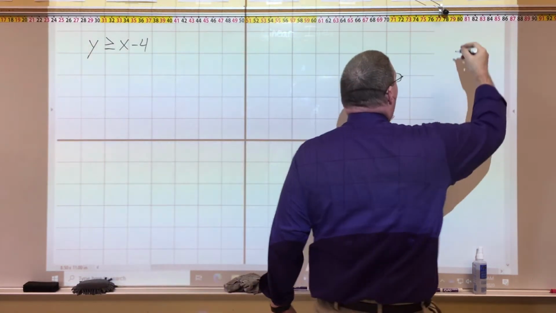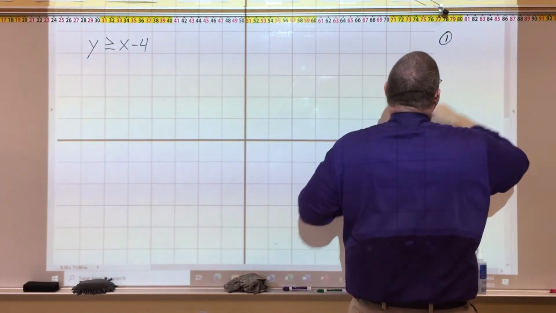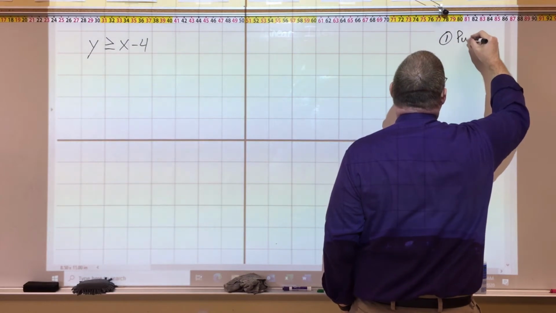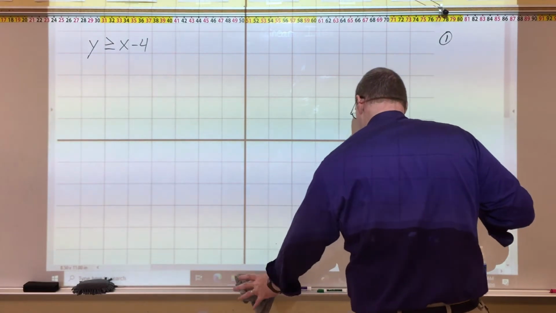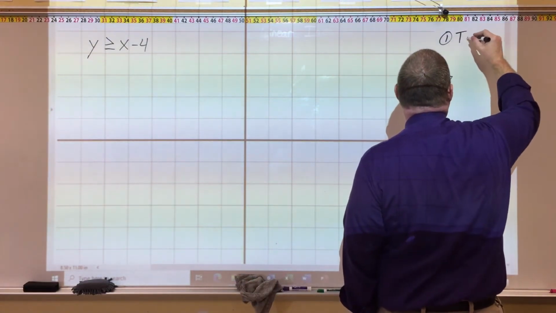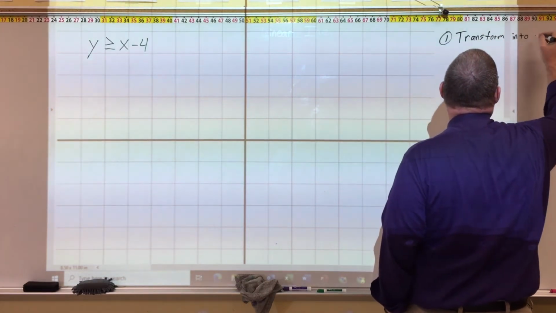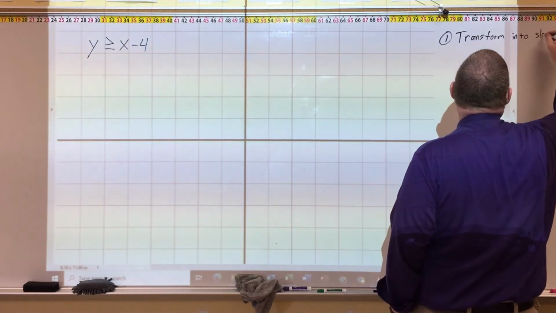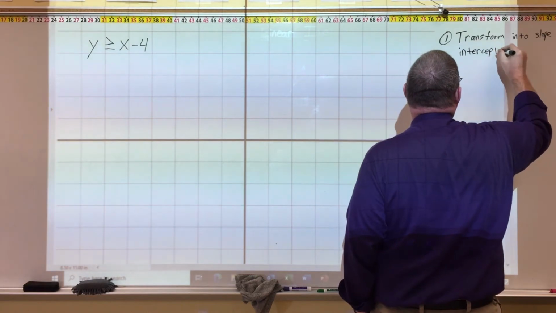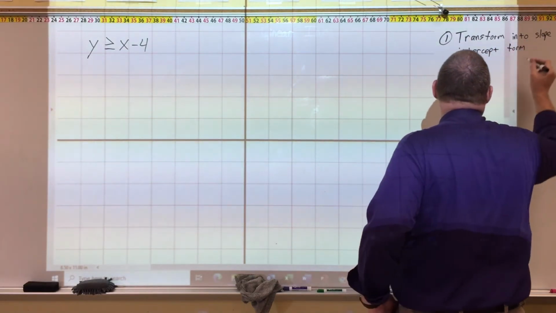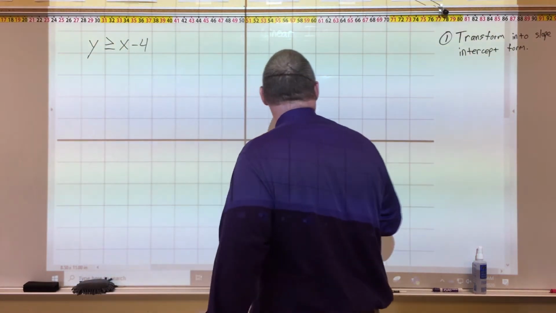Step one, the very first thing you want to do, in case it's not, now this one is, is transform into slope-intercept form, which it is. This one is in slope-intercept form. And our slope is 1, our y-intercept is -4.